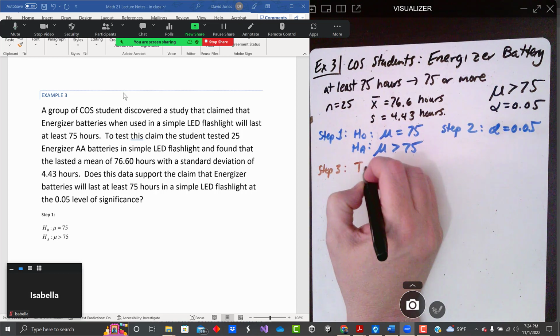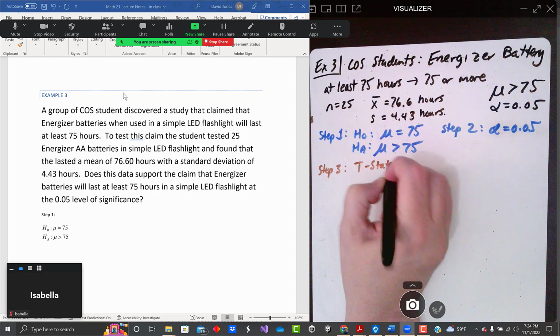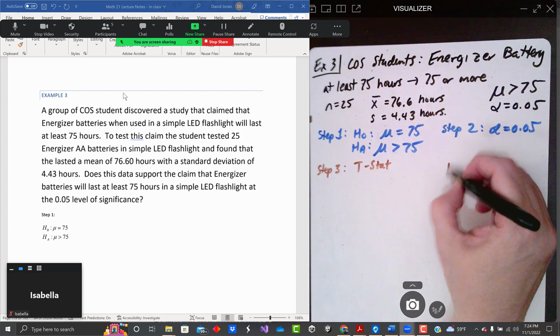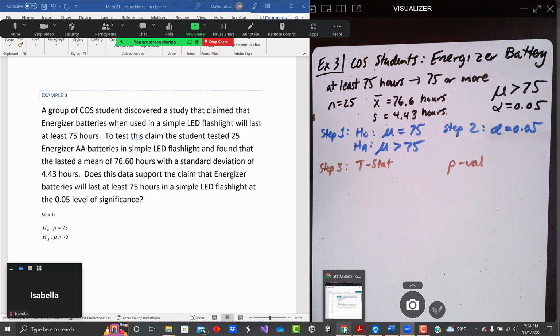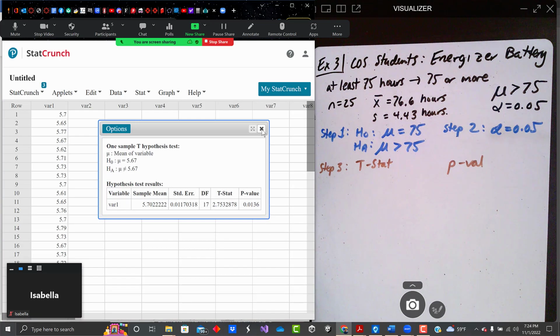We're looking for t-stat and p-value. So let's go over to StatCrunch.